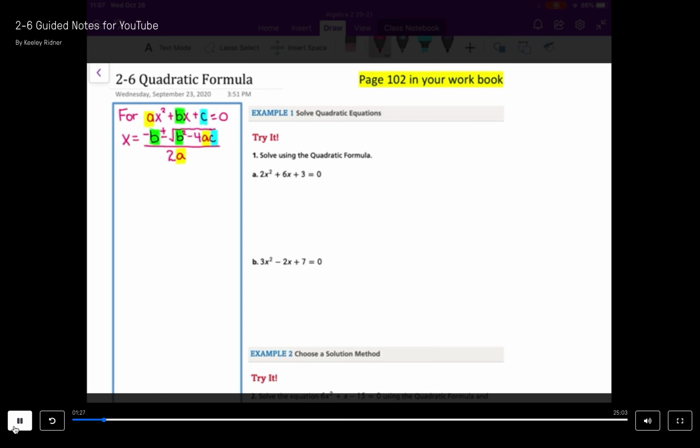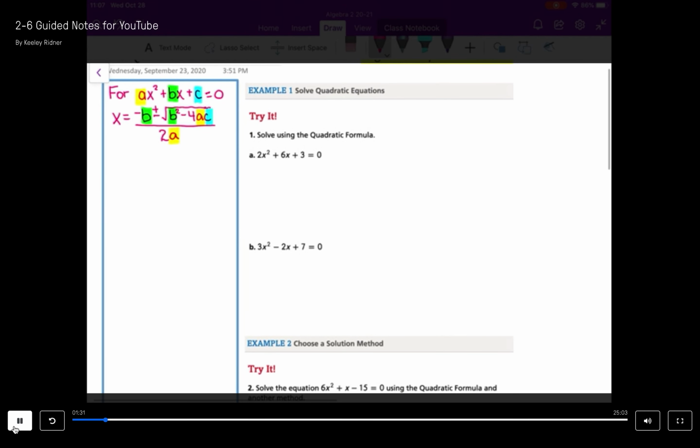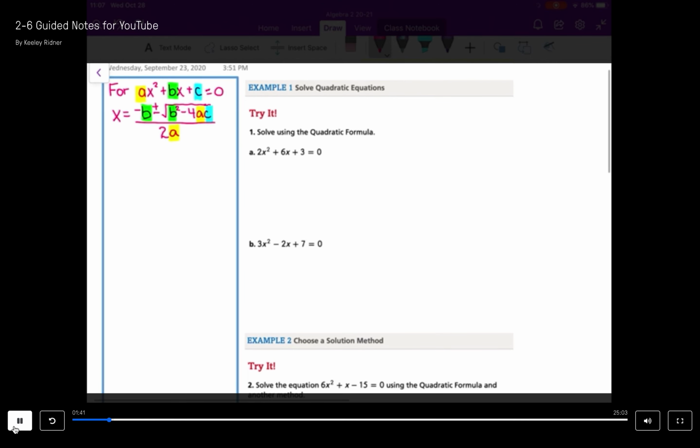I might run out of room, so I'll go down here and then I'll move over here and start going down as well. So A is 2, B is 6, and C is 3. There's no negatives.